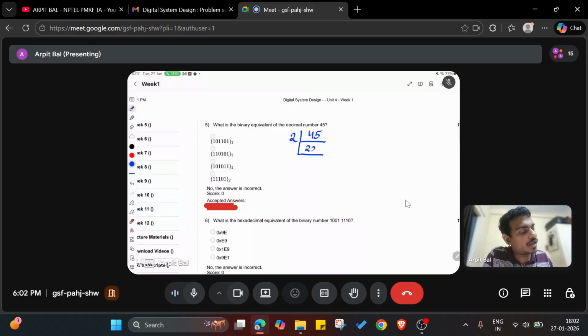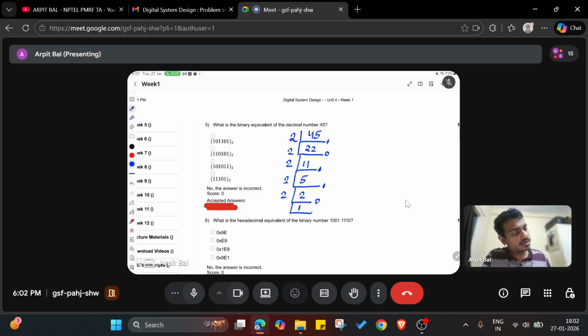I will have 22 and the remainder will be 1. Again, I will divide it. I'll have 11, remainder will be 0. I'll divide it again. I'll have 5, remainder will be 1. I'll have 2, remainder will be 1. I'll have 2, remainder will be 0. At the end, I'll have a 1.